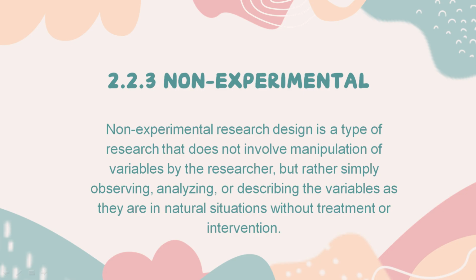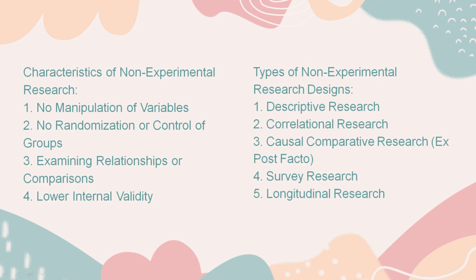Next are the characteristics of non-experimental research. There are four characteristics. The first is no manipulation of variables. The second is no randomization or control of group. The third is examining relationships or comparisons, and the last is lower internal validity.